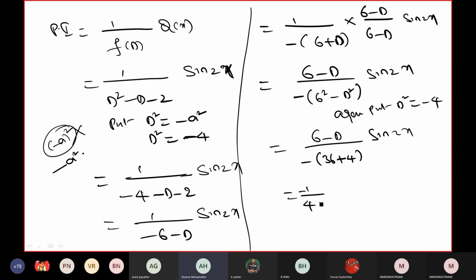So minus 1 by 40 into 6 minus d into sin 2x.